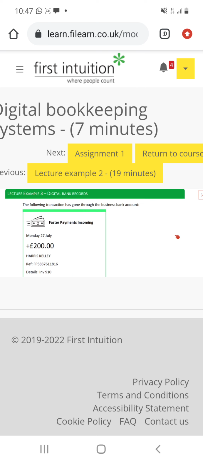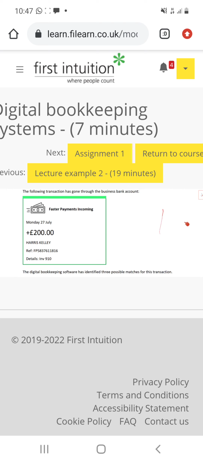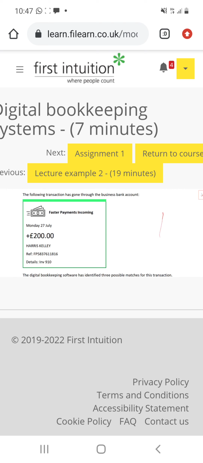And so this lecture example down here is the kind of thing you might have to do, but it would just indicate why there might be an issue that the computer system couldn't perfectly match off or reconcile an item. So if we have a look at what we've got here, we've got the following transaction that has come into the business bank account. We've got the date, the 27th of July.